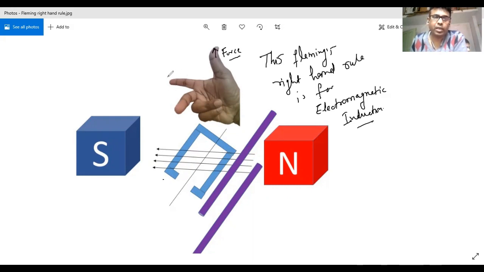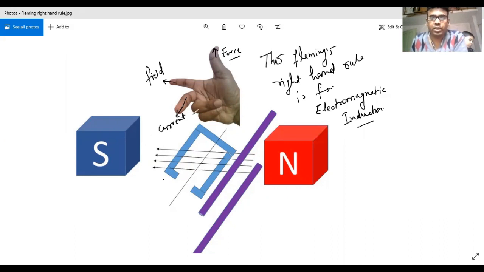And this index finger points towards the field. Field means magnetic field. And this middle finger, here in this particular figure towards my face, this direction means the direction of flow of electric current. So, the direction of flow of electric current.